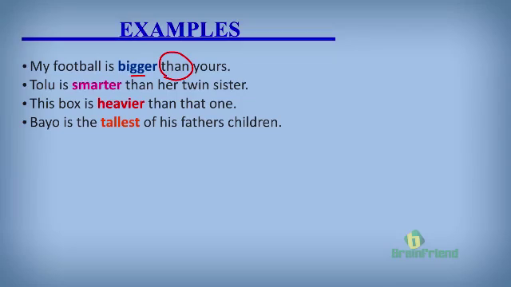You use the adjective and the word than. My football is bigger than yours. Tolu is smarter than her twin sister. This box is heavier than that one. Bayo is the tallest of his father's children.